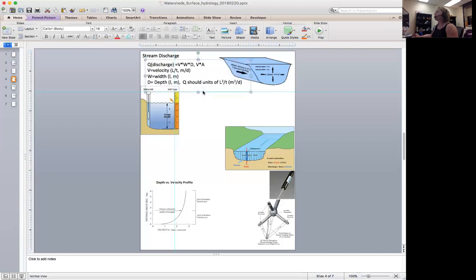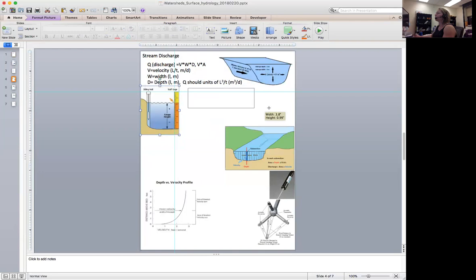Now, we're often trying to get at this idea of discharge, and we have to use calculations to get there. So one of the things that we oftentimes put into the field are two types of probes or gauges to understand the height of the water within the stream column itself. One is what's called a staff gauge, and the other is called a stilling well. Now, a staff gauge, as you can see right here, is basically like a ruler.